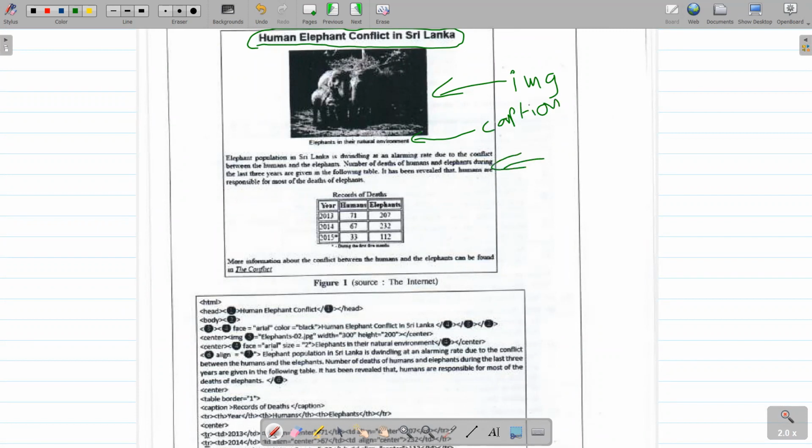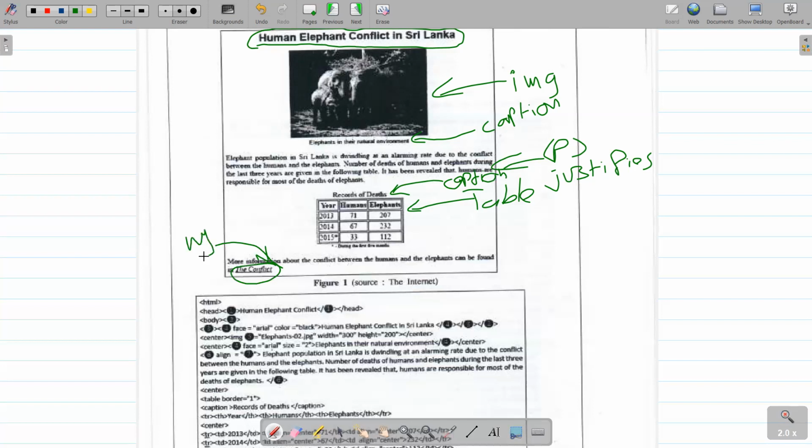Right, and you have a paragraph p tag, which is justified, and the table. Right, and the table caption. And I think this is a hyperlink. Right, so it should be written accordingly.